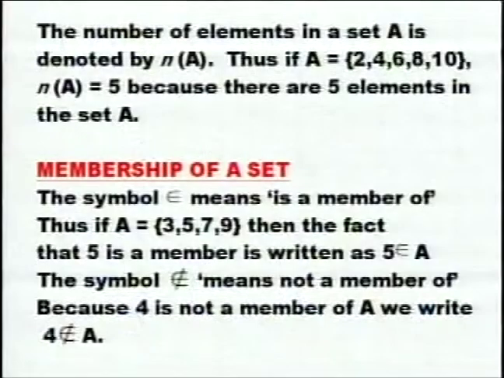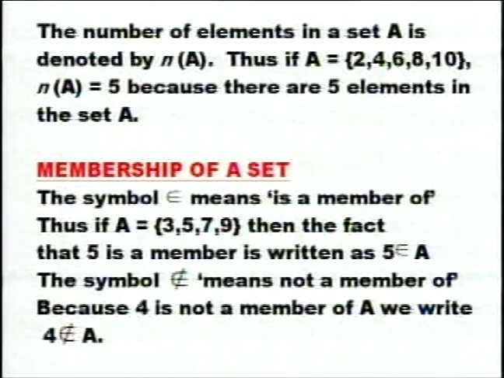This symbol here means that it is not a member of. You can see there's something missing here, but this one means an element is not a member of the set.